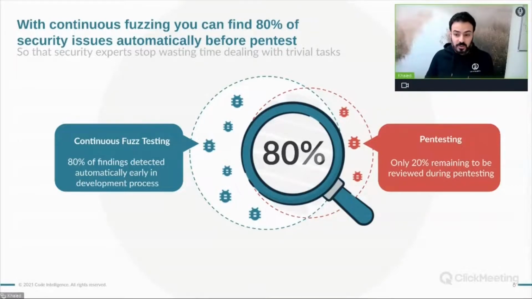Human intelligence is the most valuable but least scalable resource. By freeing human analysts from dealing with all the bugs that fuzz testing or automation can find, they can focus on targeting the rest that cannot be found by automation.